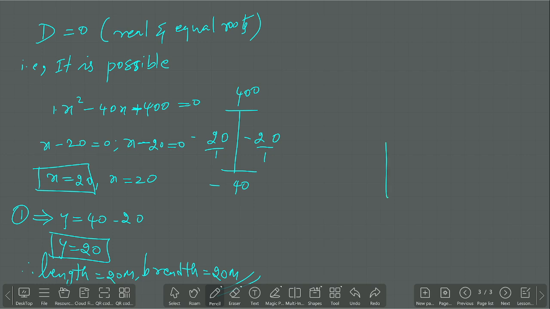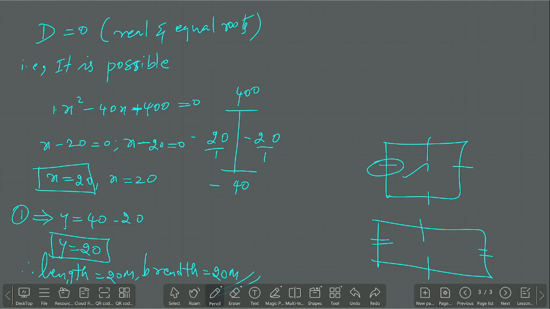Why? Because square means all the sides are equal. Rectangle means opposite sides are equal. Am I right? Here in the square, opposite sides are equal as well. Have you noticed?